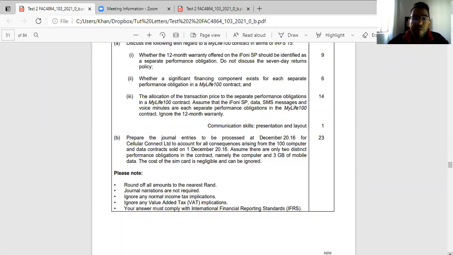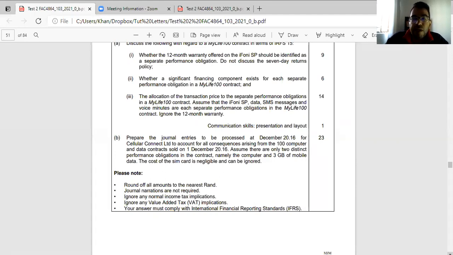Seven days later, we deal with the refund policy. Out of the 100 computers, 1 computer has been returned, the rest have not, so the remaining balance of the 99 will have to be reversed.